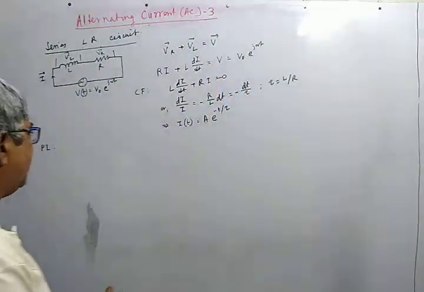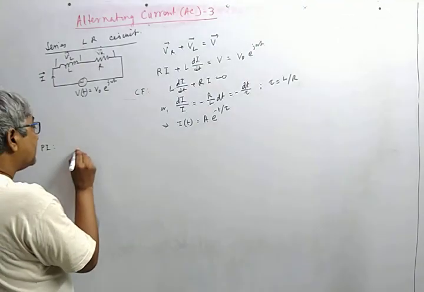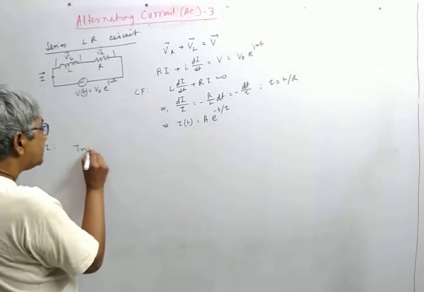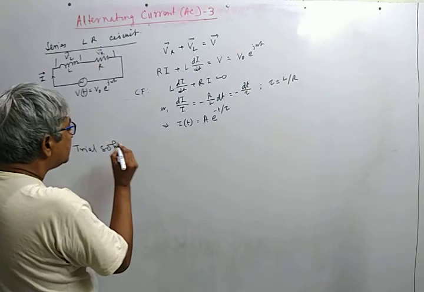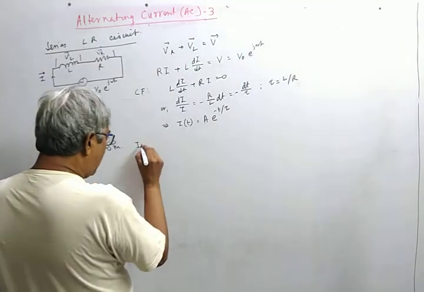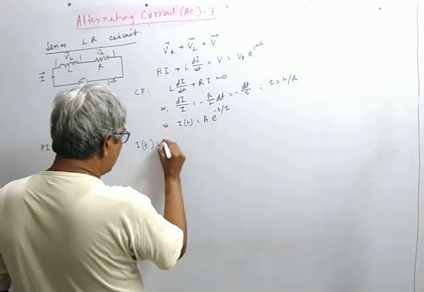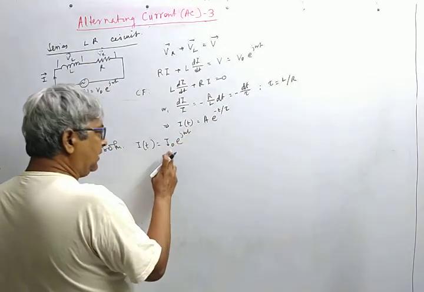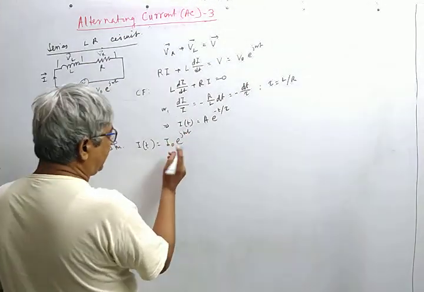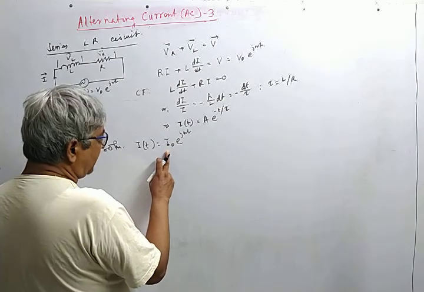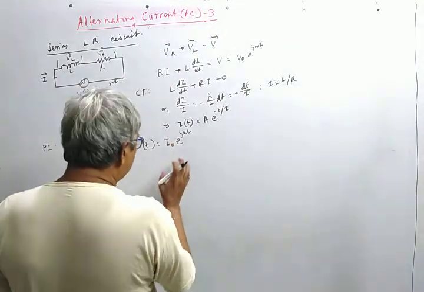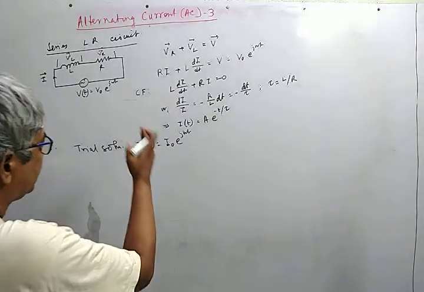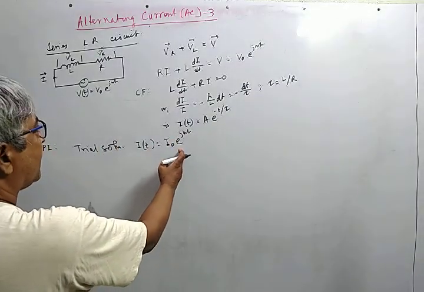So we write the particular integral, we use the trial solution as I at t is equal to I0 e to the power j omega t. The I0 may not be a real quantity. So if we want to find out I0, we use this trial solution in this equation.